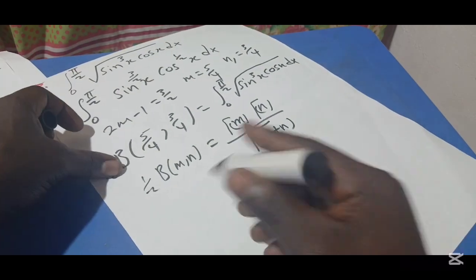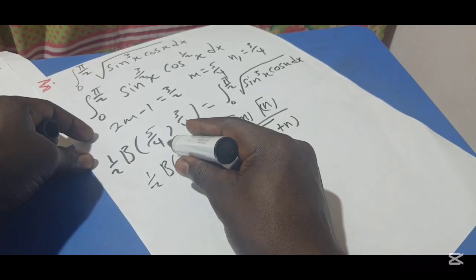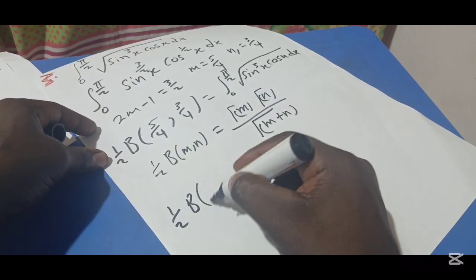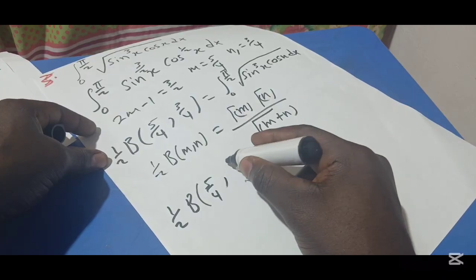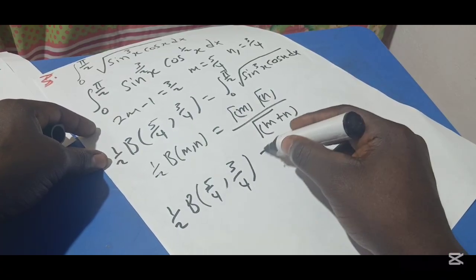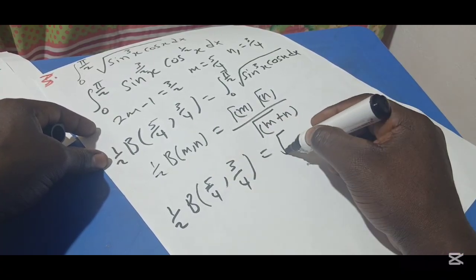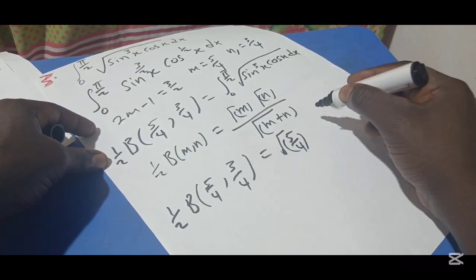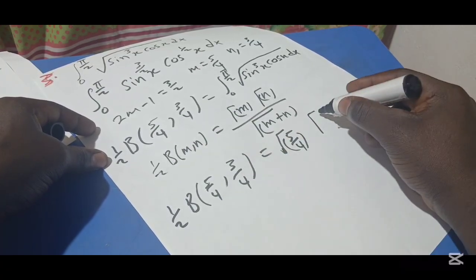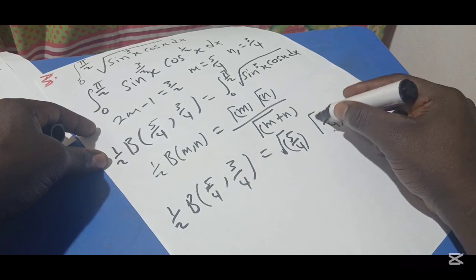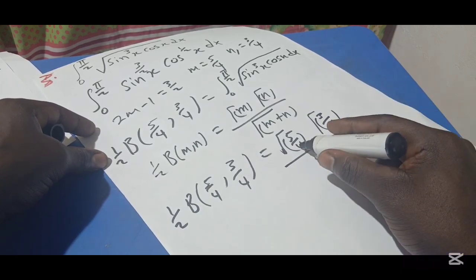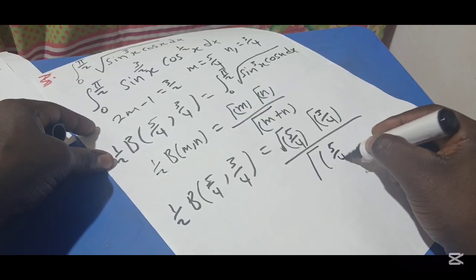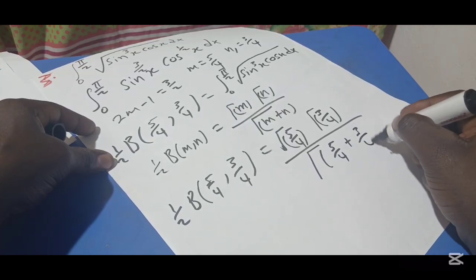So I have half beta of 5 on 4, 3 on 4, which will give us gamma of 5 on 4, gamma of 3 on 4, all over gamma of 5 on 4 plus 3 on 4.